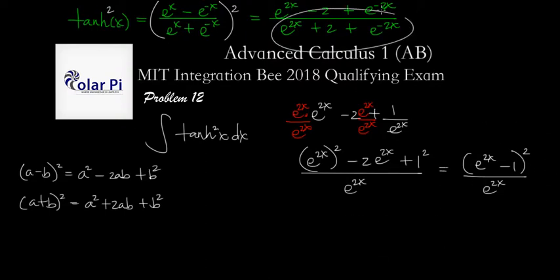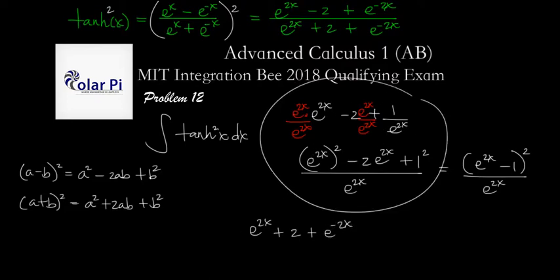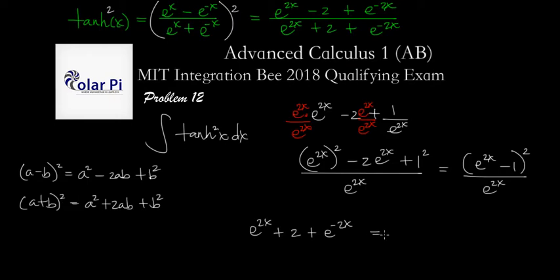This here, which is e to the 2x plus 2 plus e to the negative 2x, by mimicking very similar steps to what I did there, can be written as e to the 2x plus 1 divided by e to the 2x.